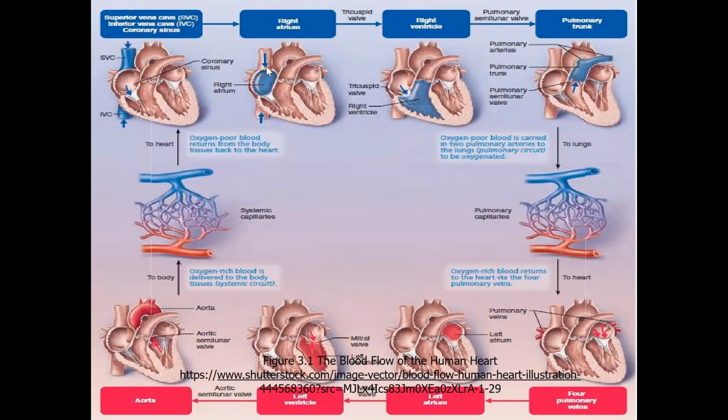Si right atrium, yung deoxygenated blood, dadaan muna siya kay tricuspid valve. Pag nagsara si tricuspid valve, pupunta na siya kay right ventricle. Pag nandyan na siya kay right ventricle, dadaan naman siya kay pulmonary semilunar valve, papunta kay pulmonary trunk. Magsasara na si pulmonary semilunar valve.